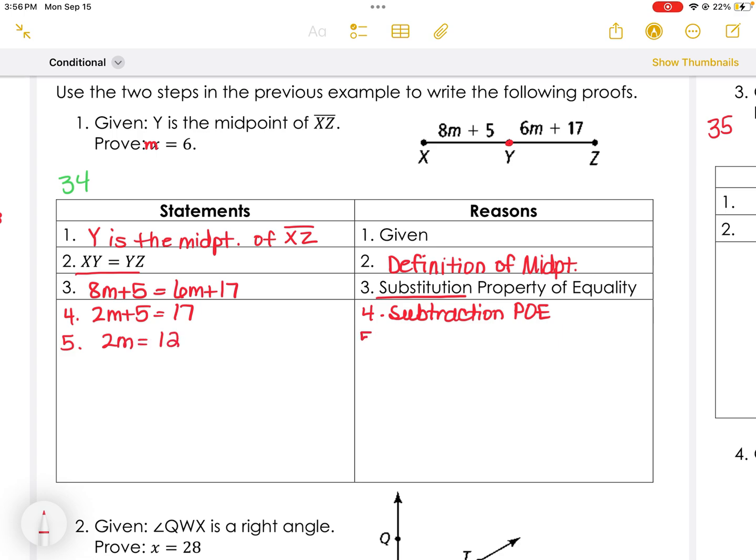So subtract 5 from both sides is subtraction again. So I'm going to just use my ditto marks. Subtraction again. And then lastly, to solve for m, I would divide both sides by 2. And I am done at that point, and I just use the division property to finish that problem. Perfect.